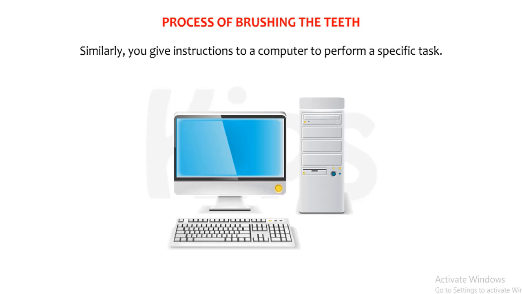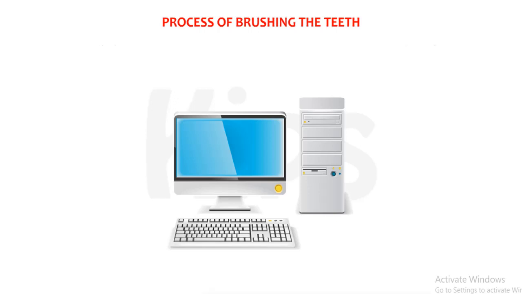It is instructed. You give the instruction to the computer. For example, if you press Ctrl plus P, you will get the options of print. Ctrl plus Z, undo. So it is already instructed to do a specific task.